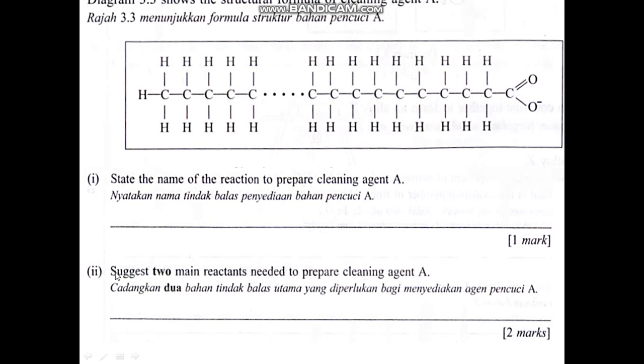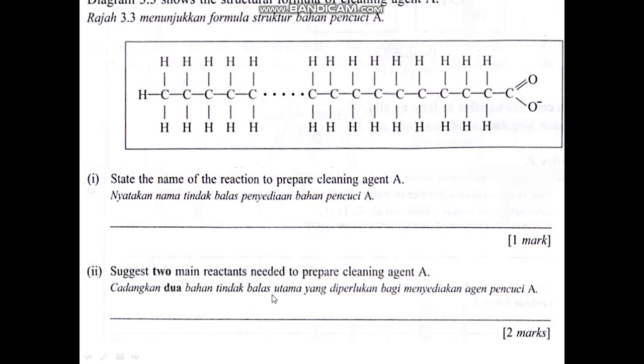And next, the second question: suggest two main reactants needed to prepare cleaning agent A. So, refresh. Rethink what you have learned in the previous video clip. For saponification, we need two reactants.